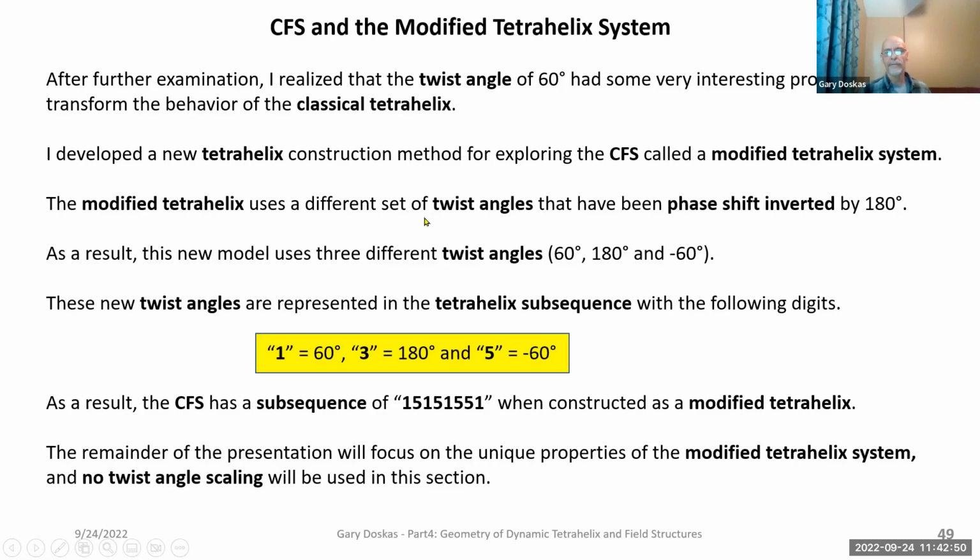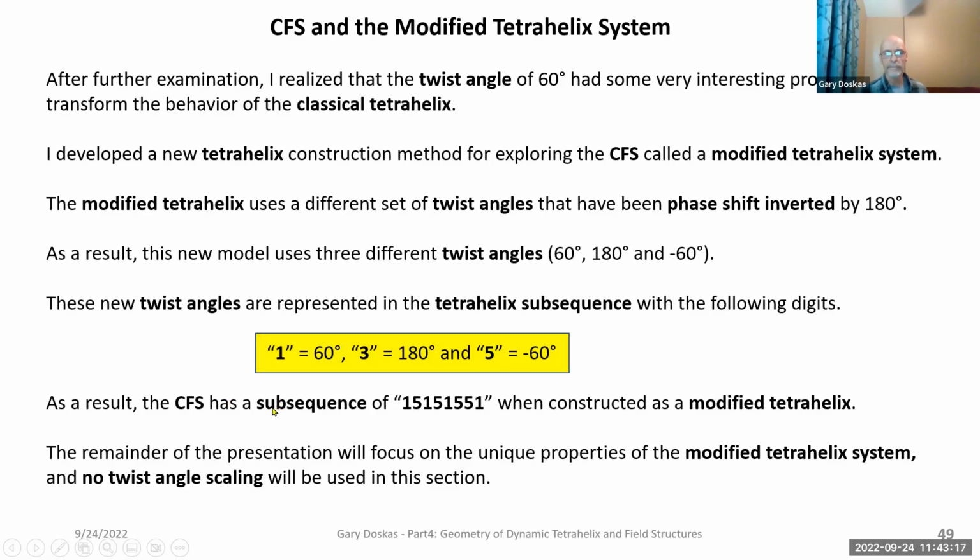And this tetrahelix uses a different set of twist angles that have been phase shift inverted by 180 degrees. And as a result, the model uses 3 different twist angles of 60, 180, and minus 60. And these new twist angles are represented in the subsequence with the following digits, where 1 equals 60 degrees, 3 will represent 180, and 5 represents minus 60.